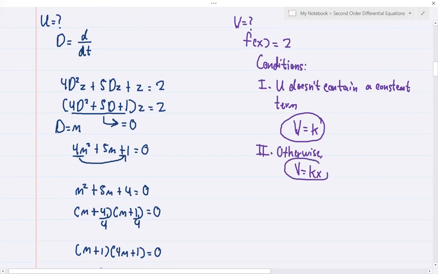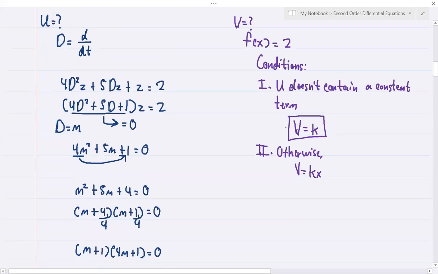We will not use the other one, because that applies only if there is a constant term. But since we do not have a constant term, we will use v as your k.